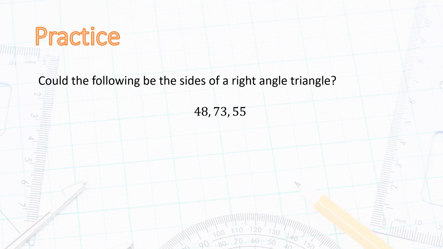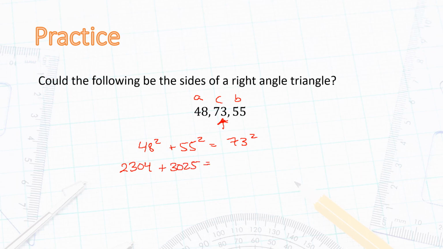Now in this one, watch out, 73 is not at the end of the line. These are slightly jumbled up numbers. You want to go smallest to largest, so like a, b, c. So is 48 squared plus 55 squared equal to 73 squared? So let's see, 48 squared is 2304. 55 squared is 3025.